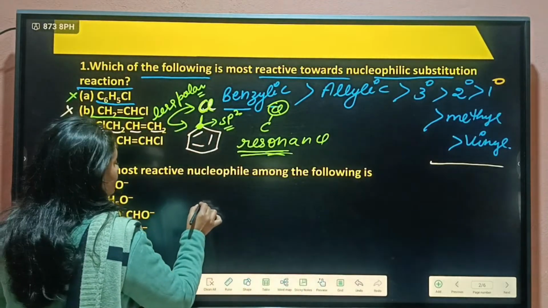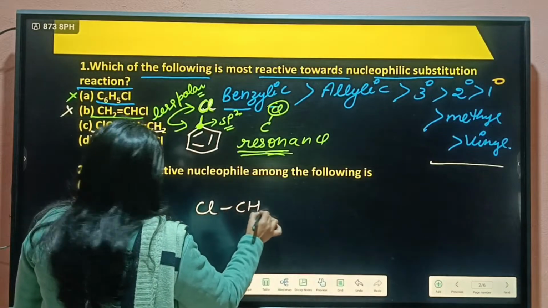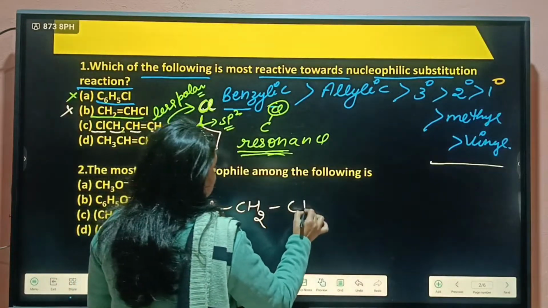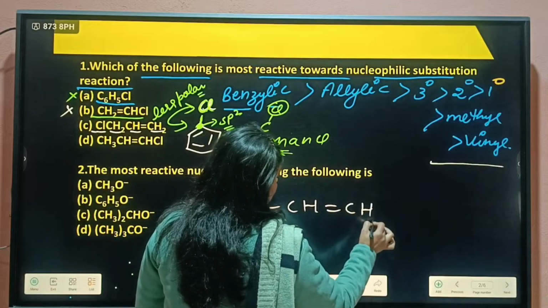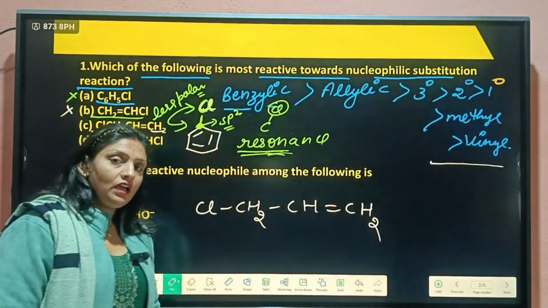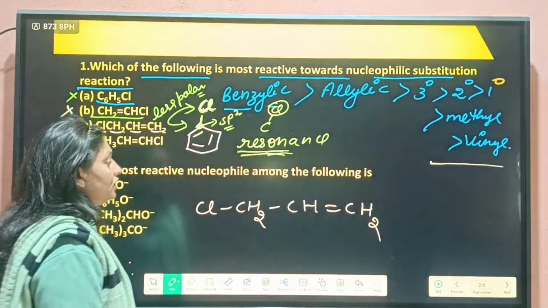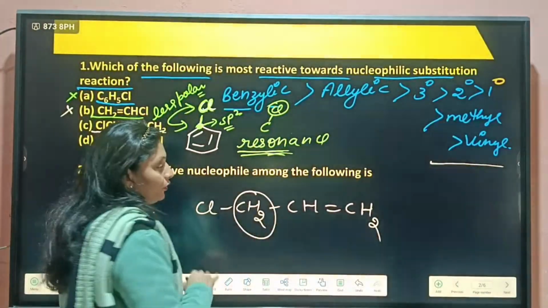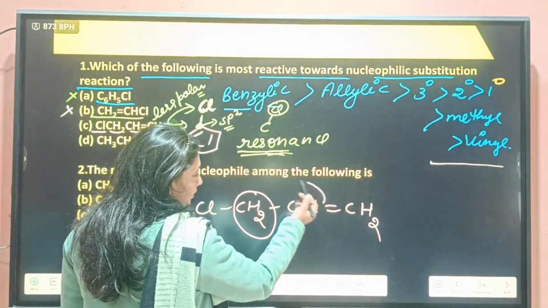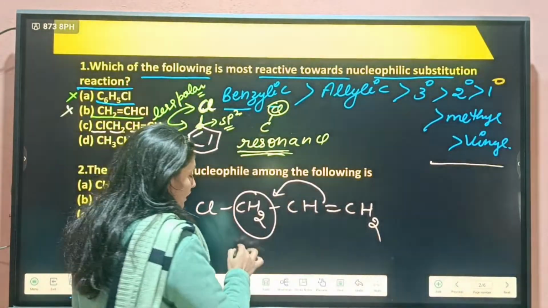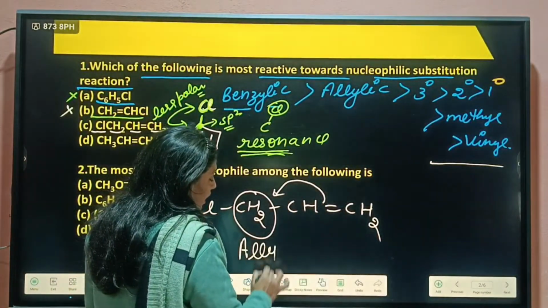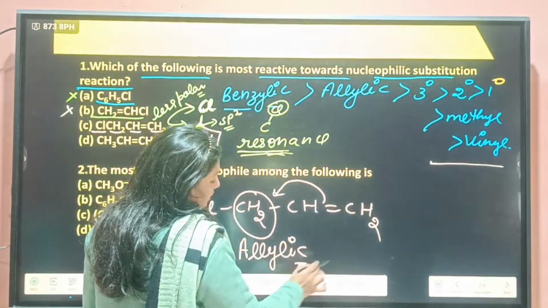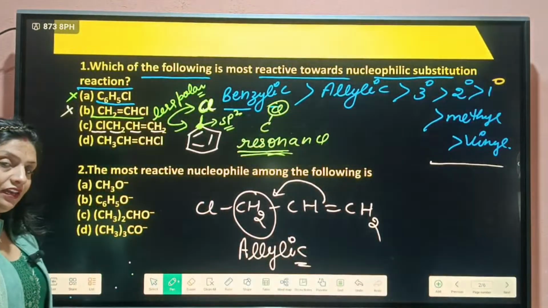This one is Cl, CH2, CH, double bond CH2. Students, if halogen or any functional group is attached to the carbon which is just next to the doubly bonded carbon, then it is known as allylic. This one is known as the allylic position.